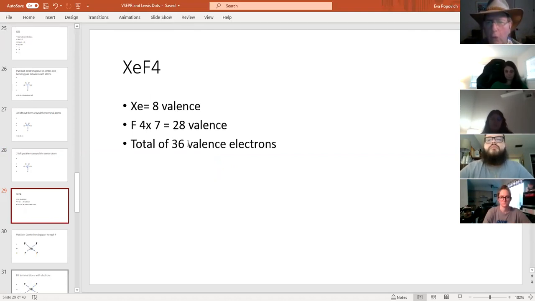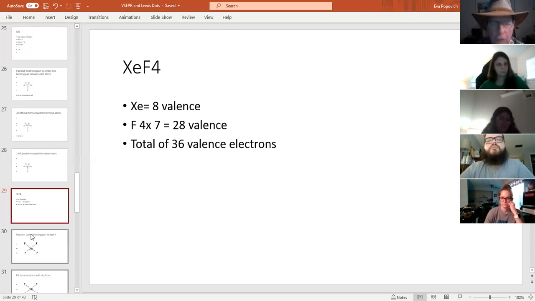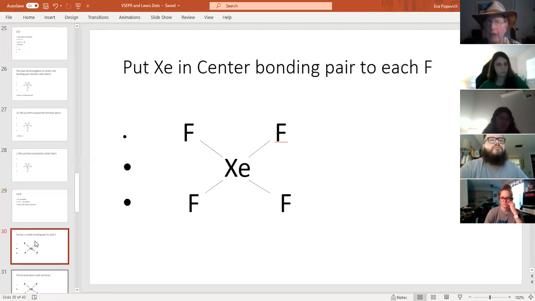How are we going to draw this? What goes in the center? Xe, and I'm going to put the 4 fluorines around it, correct? With 2 electrons between them to make bonds. Sort of like that, correct?